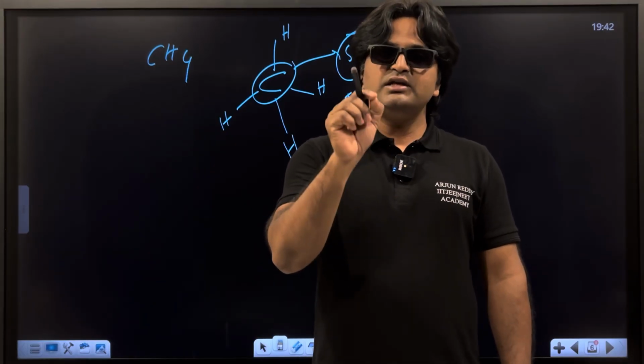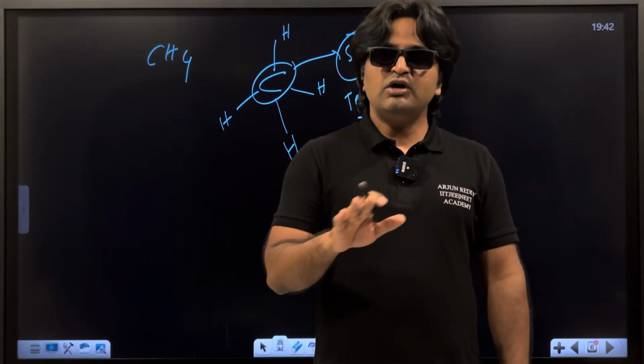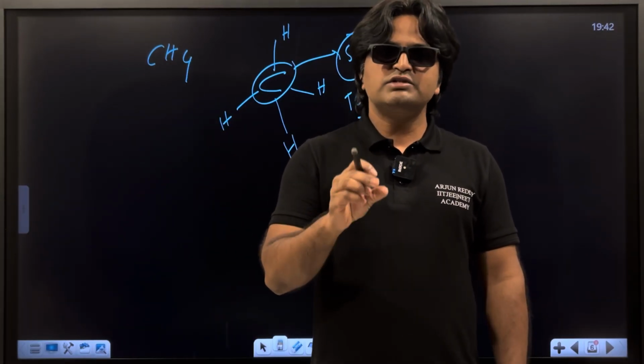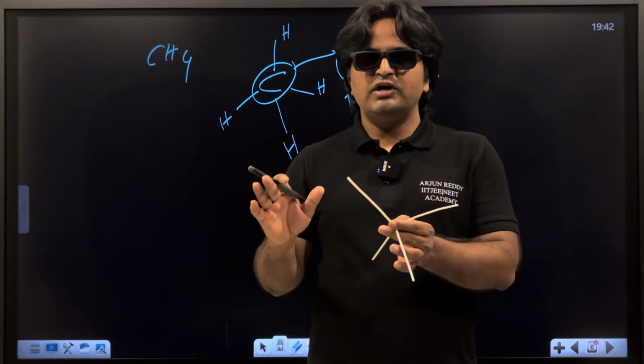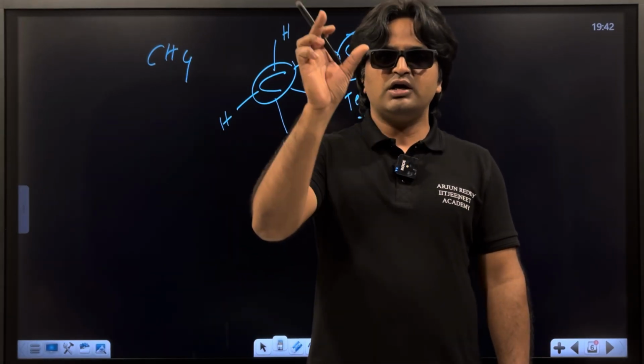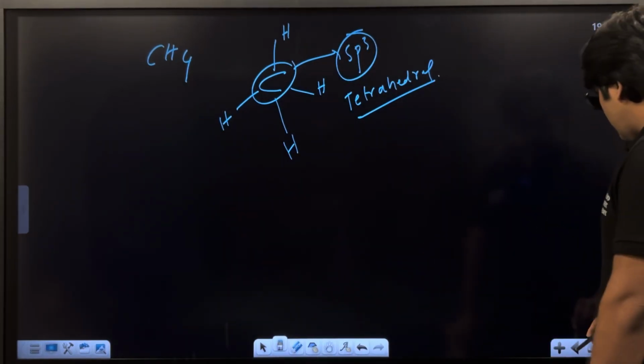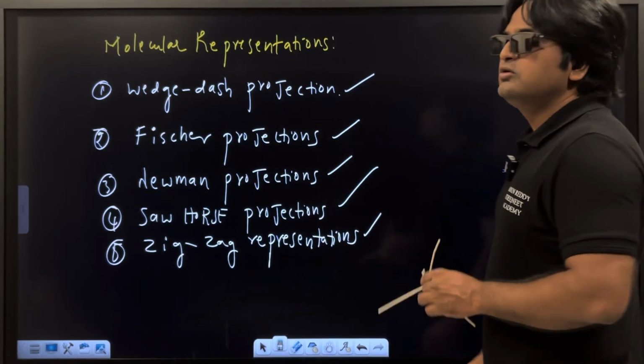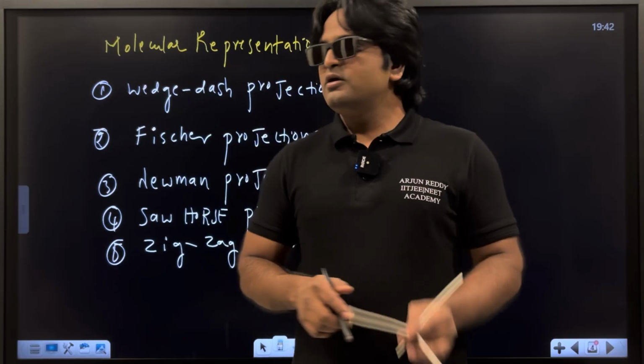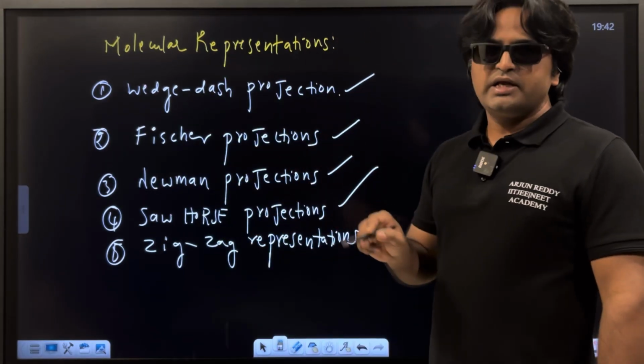But if your molecule is three-dimensional, without any help and without any rules, we cannot convert that three-dimensional molecule onto the two-dimensional plane. So that's why, to convert three-dimensional molecules onto the two-dimensional plane, we are using these molecular representations.